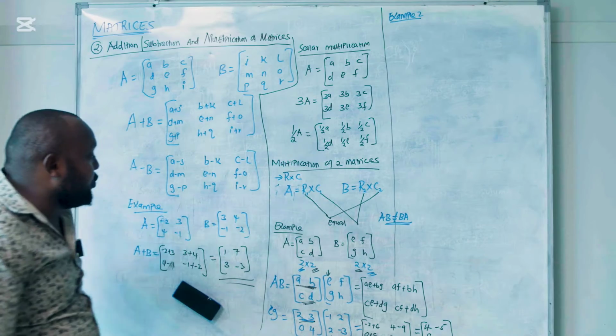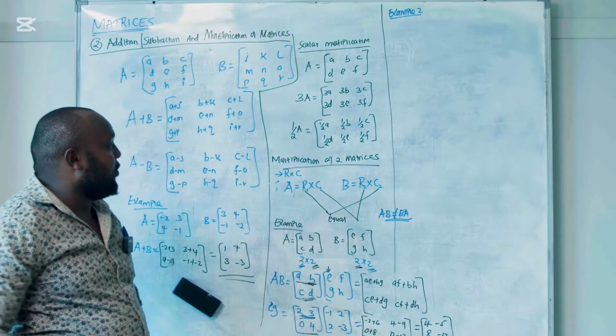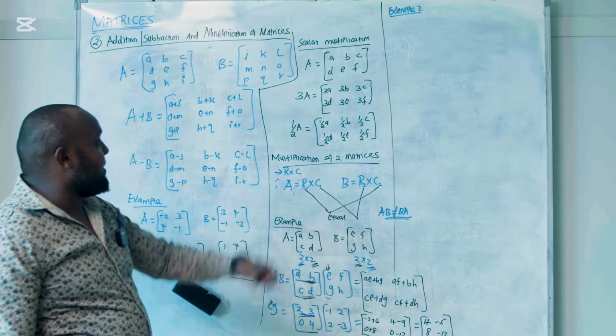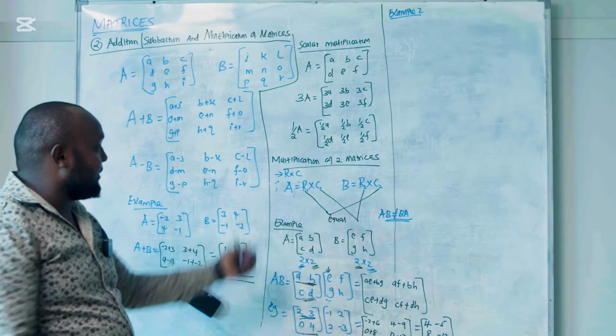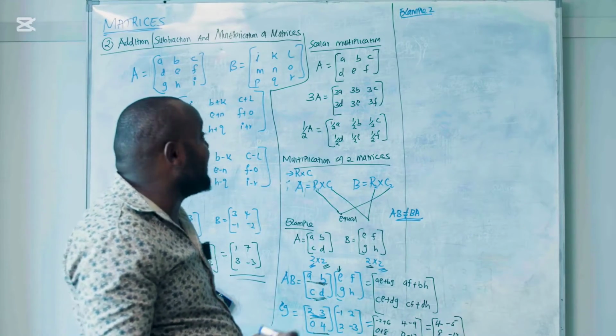So in example 2, remember when we are multiplying two matrices, we said the number of columns of one matrix must be the same as the number of rows of the other. So in this case, I'm going to take 2 by 3, multiplying 3 by 2.